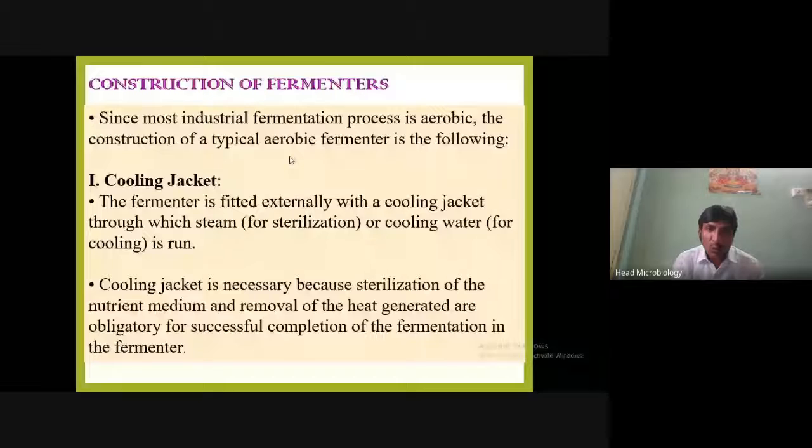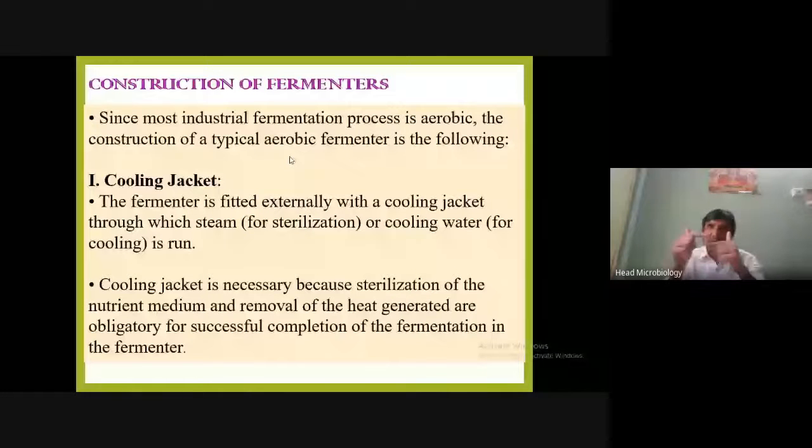Among all these, the cooling jacket is a major one. The fermenter is fitted externally with a cooling jacket through which cooling water flows. Fermenters in industries run continuously, so more heat is generated in the fermenters.